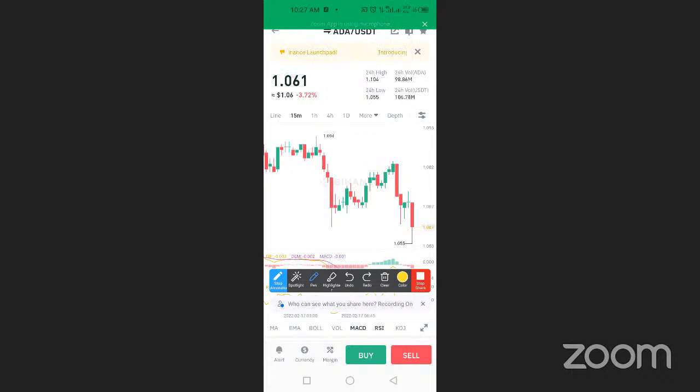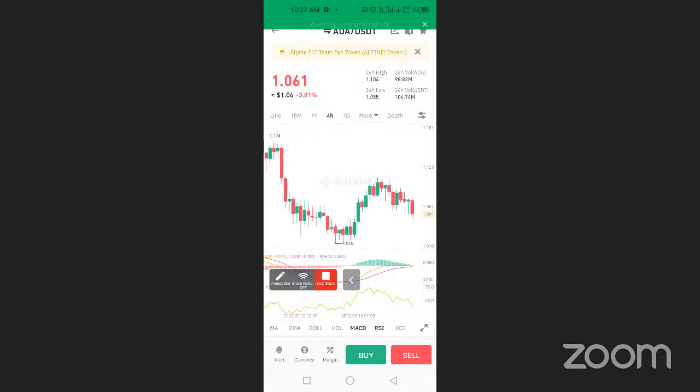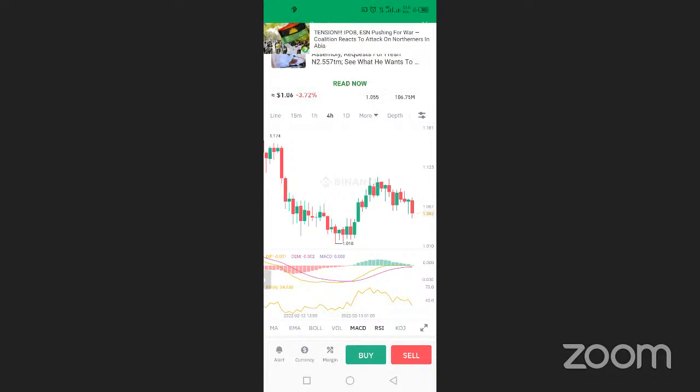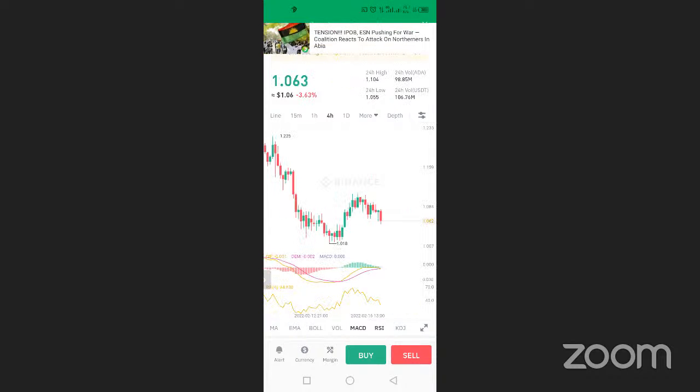So if I now click on 1 hour or 4 hours, you also see the changes in this chart. If I go to 4 hours, what it means is that for 4 hours, this was what happened in the market.